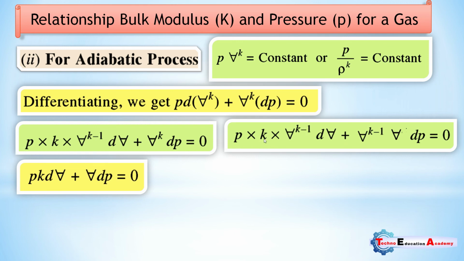The remaining term is P into K into dV plus V into dP equal to 0.